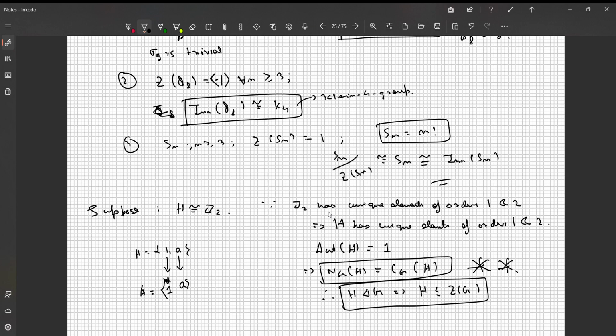The main goal of this lecture, you might say, is to prove certain facts about certain finite groups.